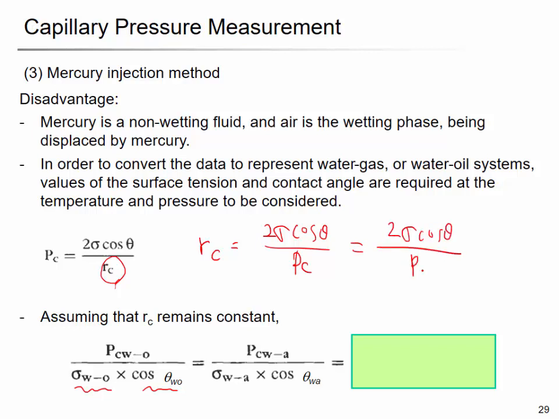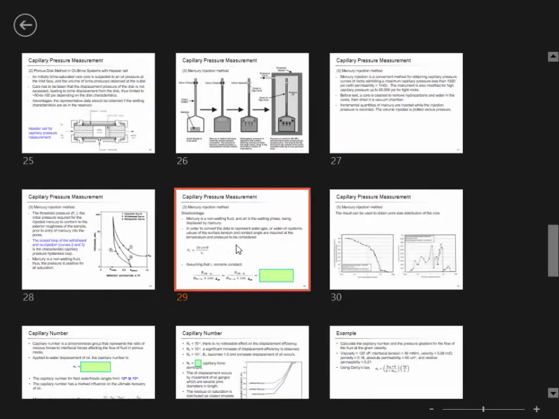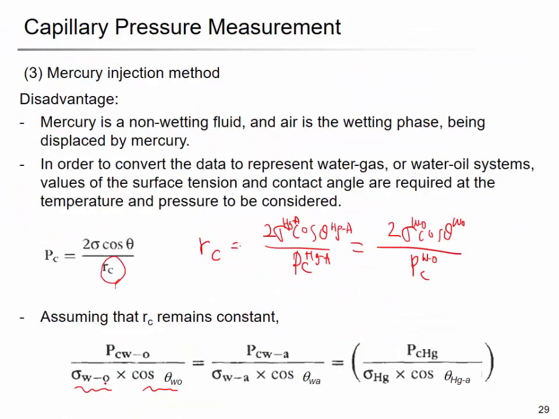So if this is mercury and air, you can convert it to maybe water and oil. Right? And this equation is fundamentally the same as this equation. So this is the capillary pressure for water and oil, and the interfacial tension and contact angle. And this is water and air, and this is the mercury and air.